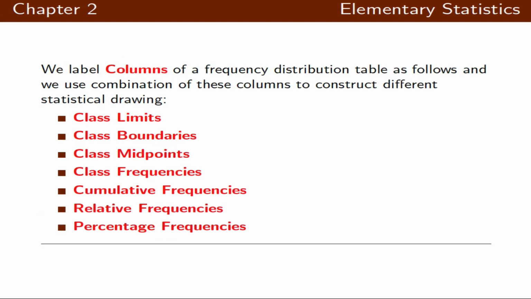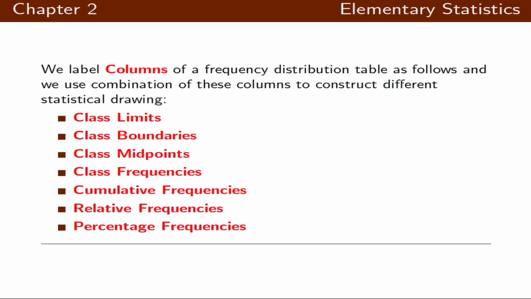Any frequency distribution table consists of the following columns: class limits, class boundaries, class midpoints, class frequencies, cumulative frequencies, relative frequencies, and percentage frequencies.